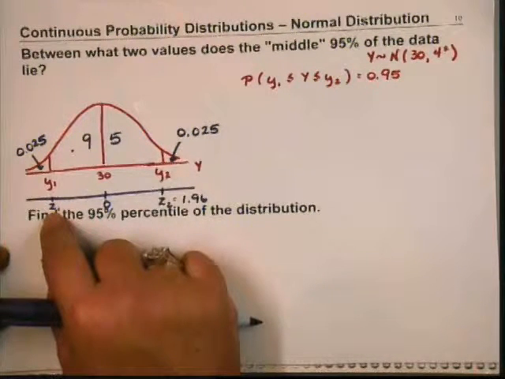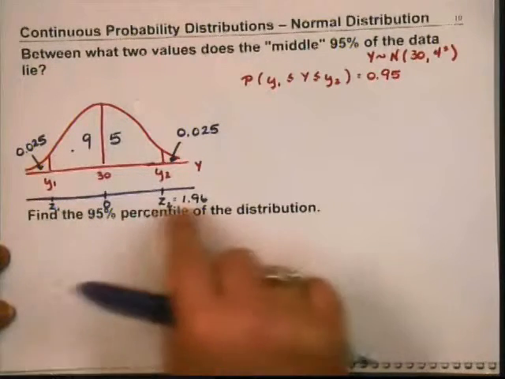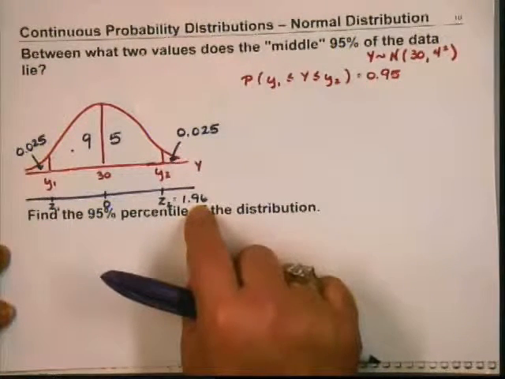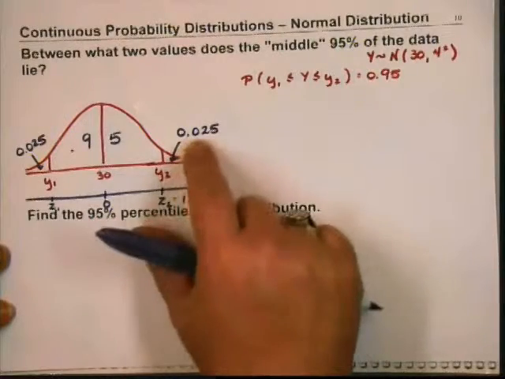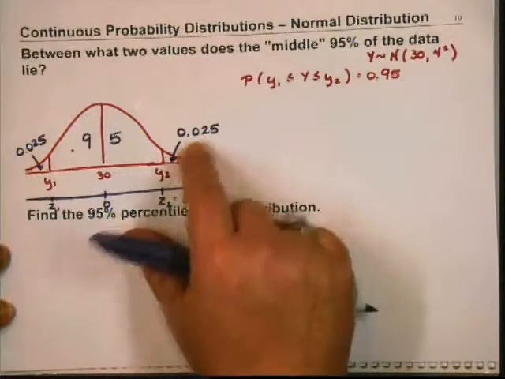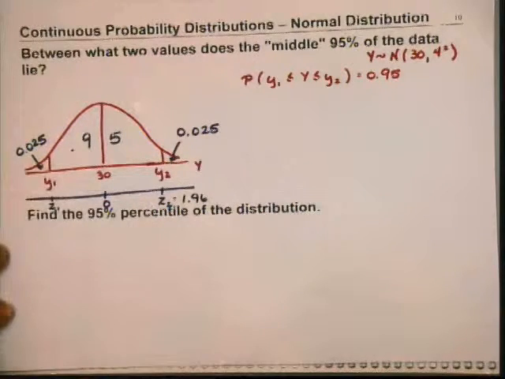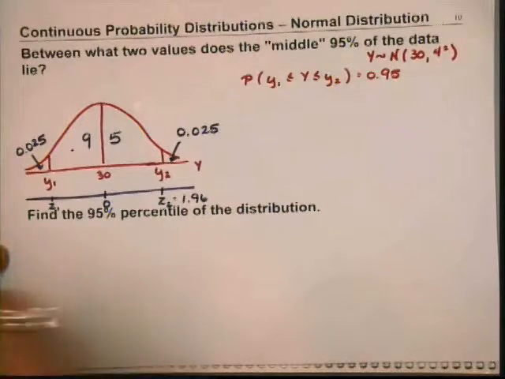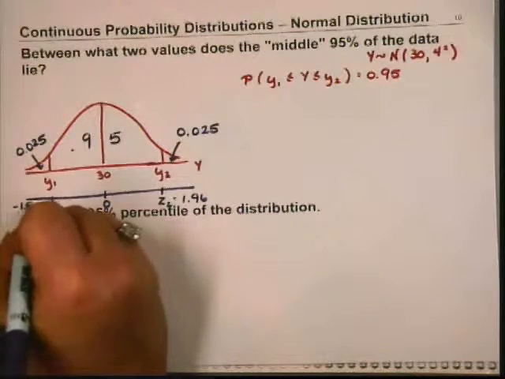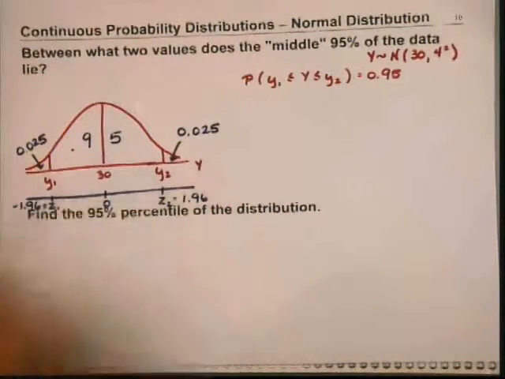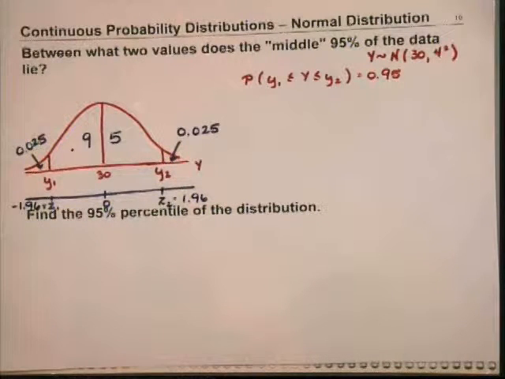Or by symmetry of the standard normal distribution, if this is positive 1.96, that determines 0.025 in the right-hand area, what is the value of z1 that determines 0.025 in the left-hand area? Negative 1.96, exactly. So if you use the 0.975 approach, take a second and check your table, you'll also get negative 1.96.